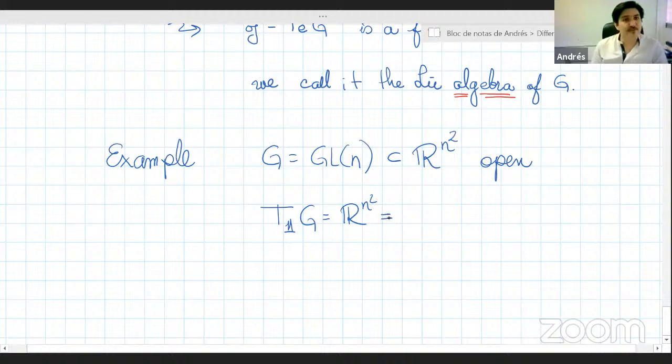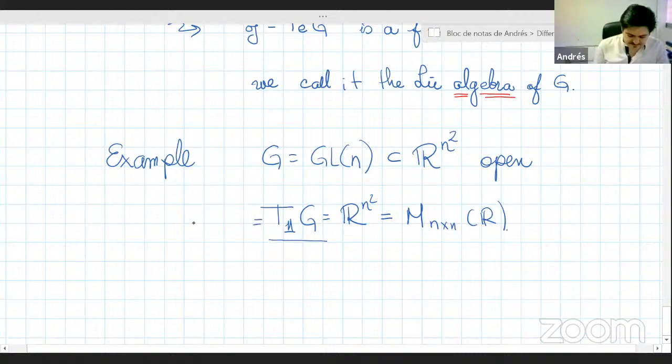But we identify this with the set of n by n matrices. So this is in the algebra.